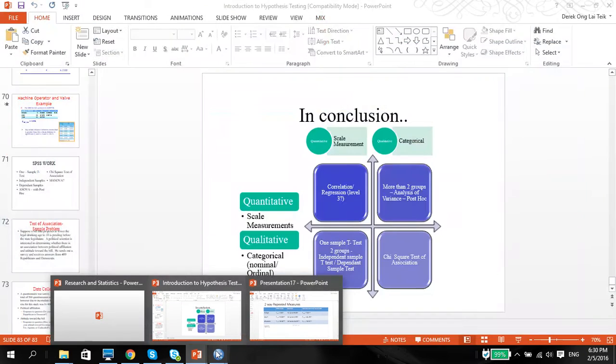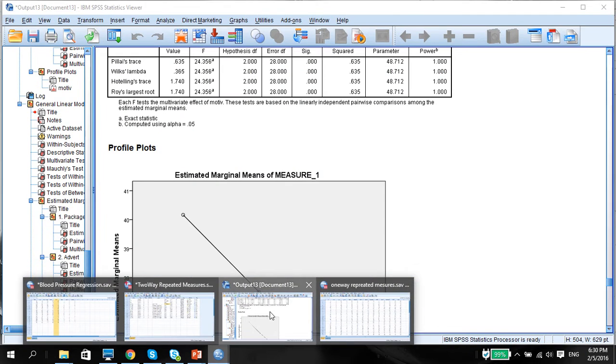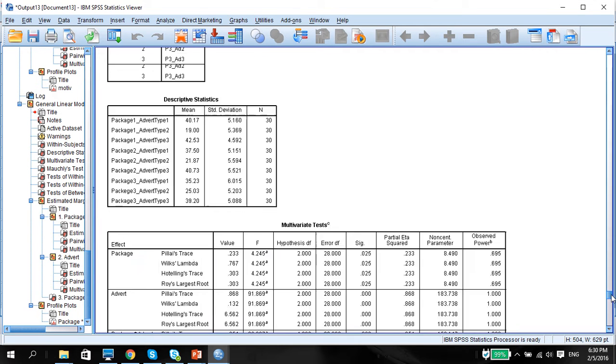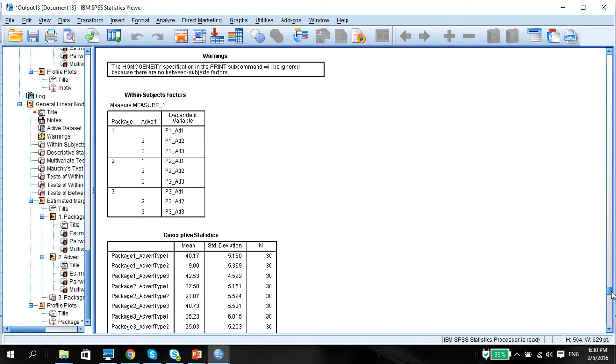So here in the results, you can see a few things. It says here homogeneity results because there are no between subject factors, because all the factors that we're using are actually time ordered, so there's no in between, right?